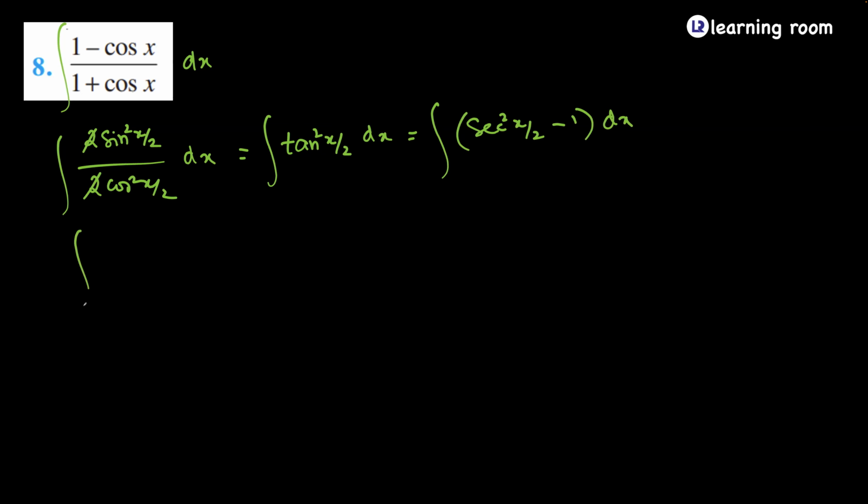So what will the answer come out as? Integral of secant square x by 2 times dx minus integral of dx. So what is the integral of secant square x by 2? Tan x by 2 divided by, sorry, divided by half.